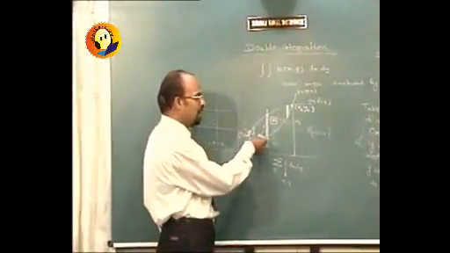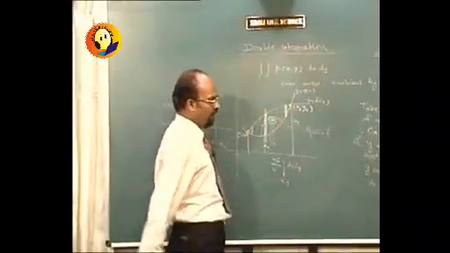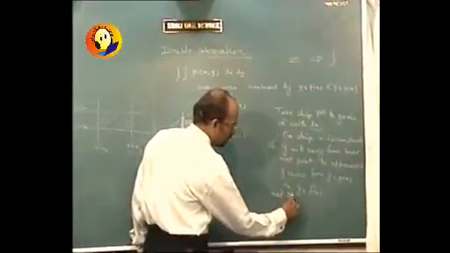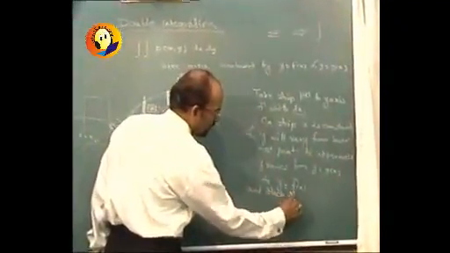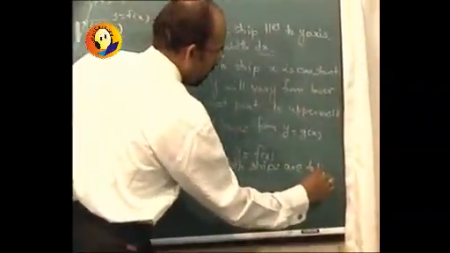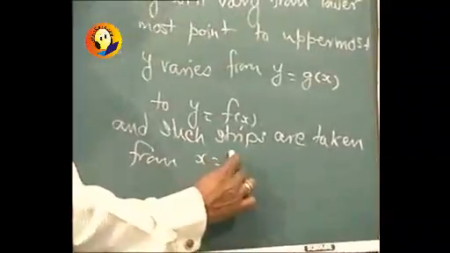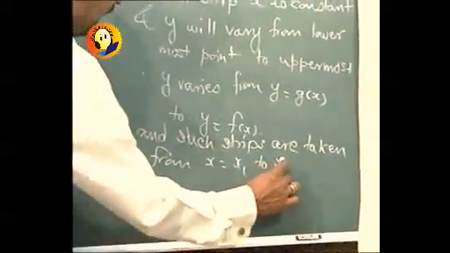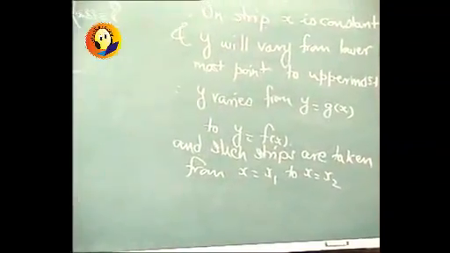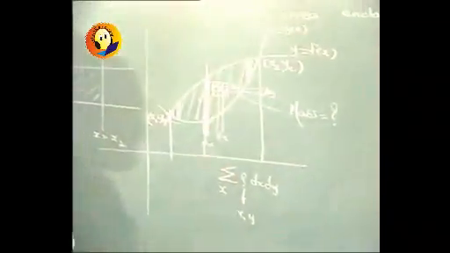As per the figure, it is y equal to g(x), the lower curve, to y equal to f(x), and such strips are taken from x equal to x1 to x equal to x2, and hence we will be covering the entire area.